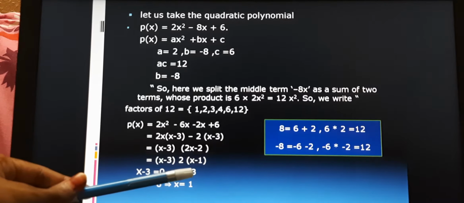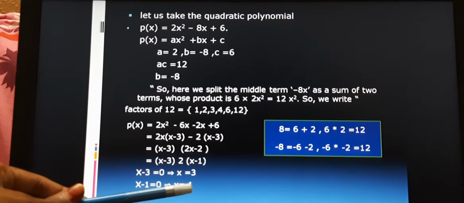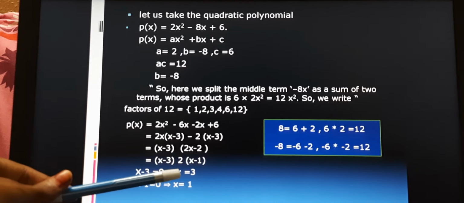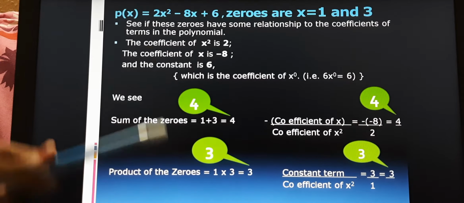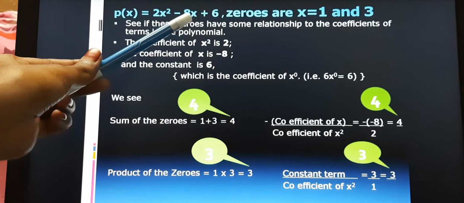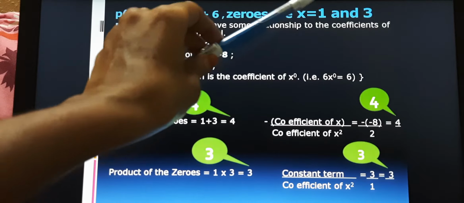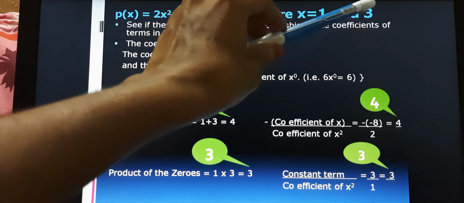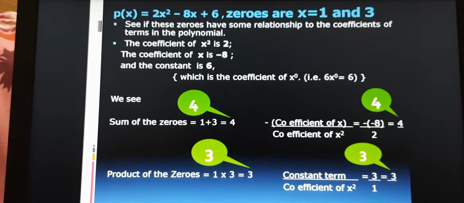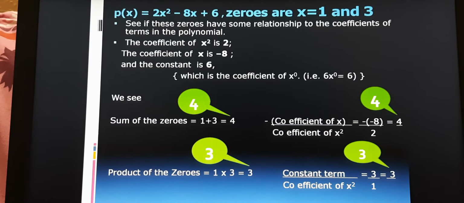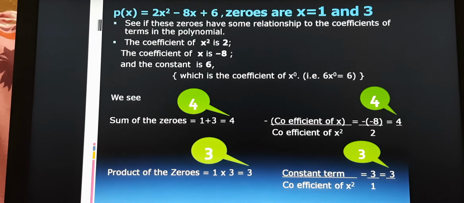Based on these values, we form the relation. So 2x square minus 8x plus 6 is the polynomial, and its zeros are x equals 1 and 3.